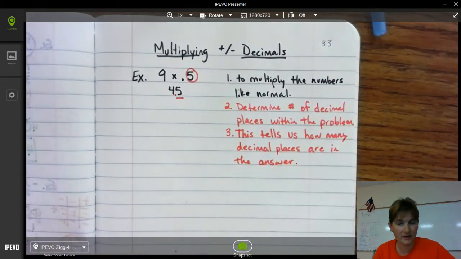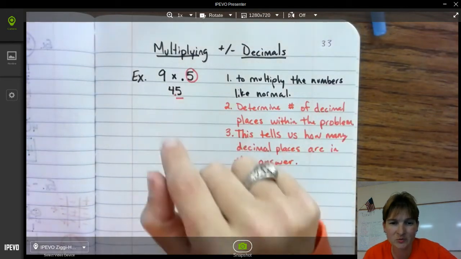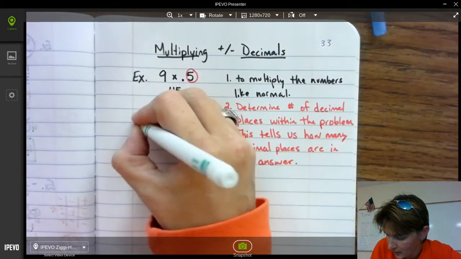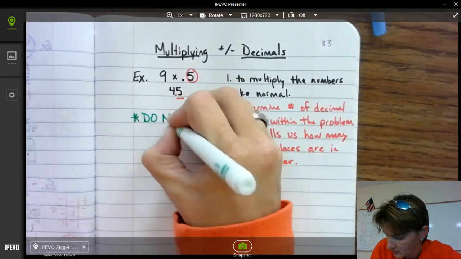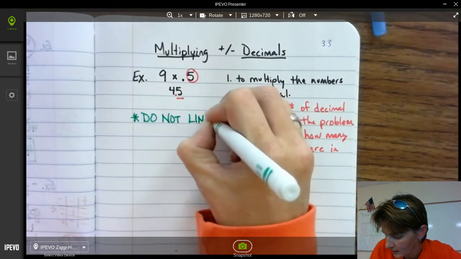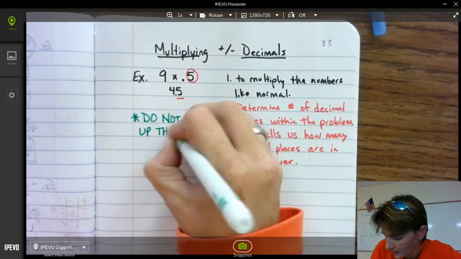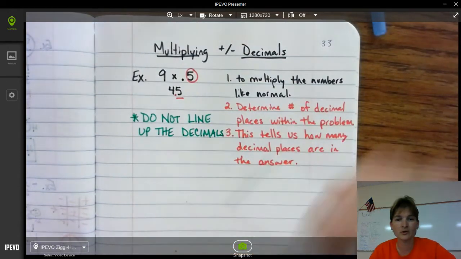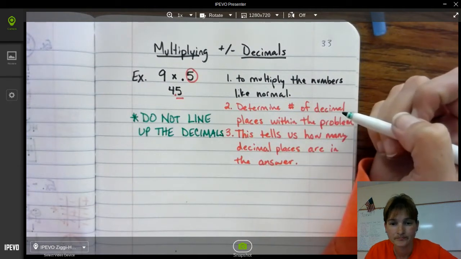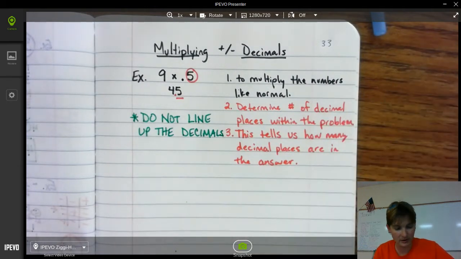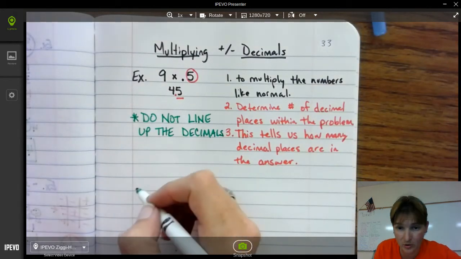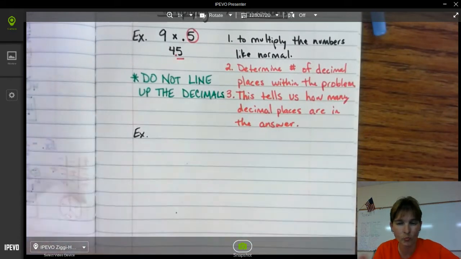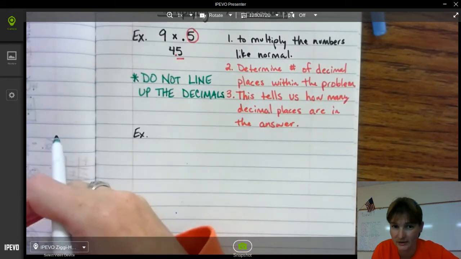I haven't written it yet, but if you noticed, I didn't line them up, because in multiplying decimals, you do not line up the decimals. You do not have to line up the decimals. So we're going to move on to another example. And this time I am going to stack so that we see why we're not having to line up the decimals.